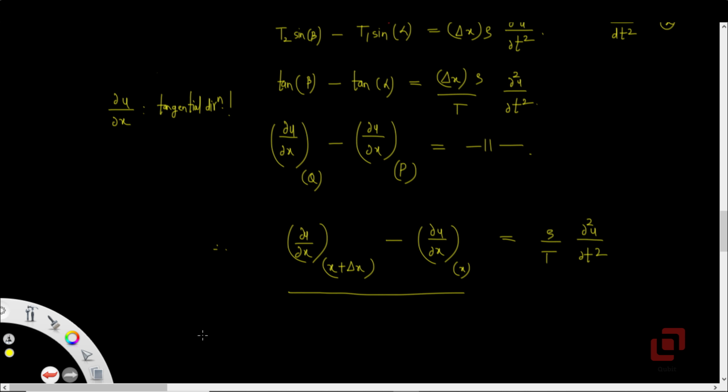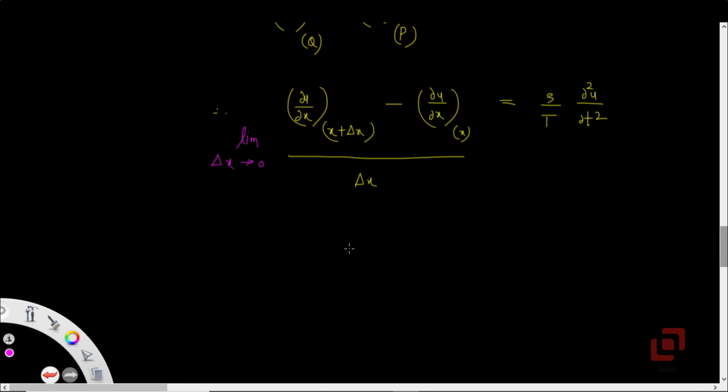If you divide this by delta x and then take the limit as delta x tends to 0, then we will get the second derivative of u with respect to x equal to rho by T partial squared u by partial t squared.